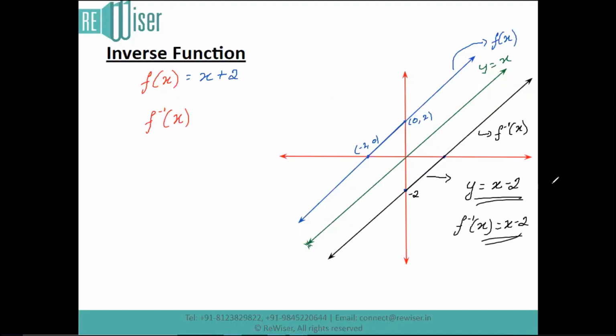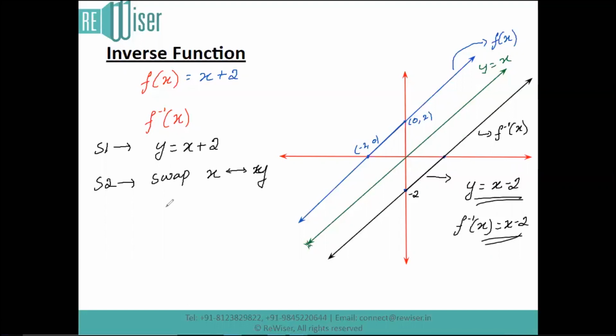Now, without the graph, how can I find an expression for f inverse of x? Step one: replace f of x with y, so y equals x plus 2. Step two: swap x and y. Wherever you have x, put y, and wherever you have y, put x.